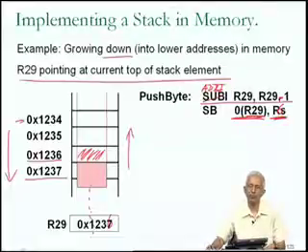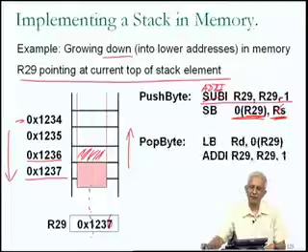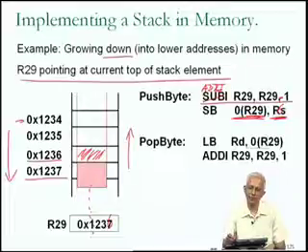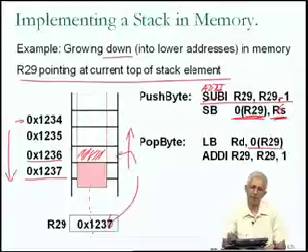How do I implement the pop byte? I could leave this as a simple example for you to work out, but it's clearly going to be the opposite, in the sense that it's going to start with a load byte. In other words, read from memory that byte which is at base address R29 plus displacement of 0, whatever the top of stack is currently pointing at, into some destination register.